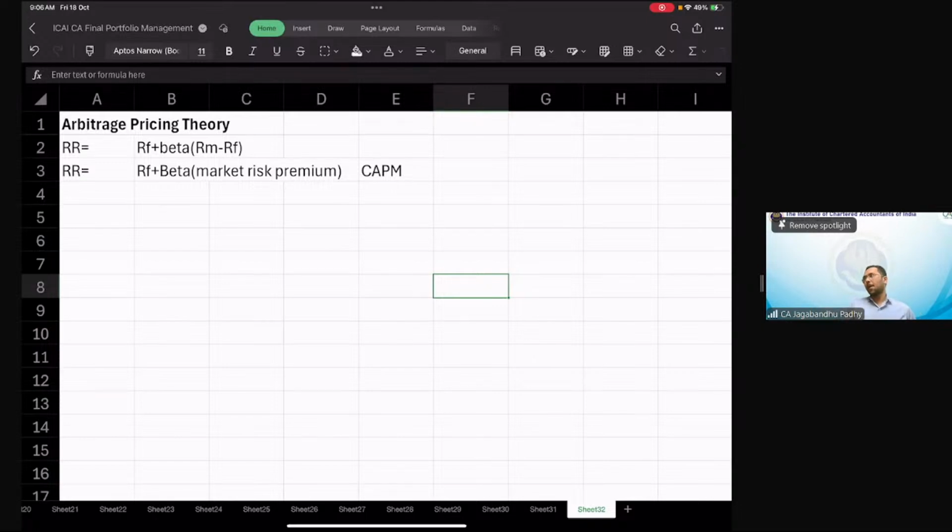But the idea is, in reality, does the market move on its own? Are the market rate of returns moving on their own, or are they caused by something? Like you see the movement in Nifty, movement in Sensex. Are they moving by themselves?